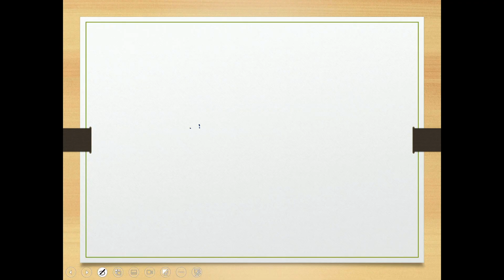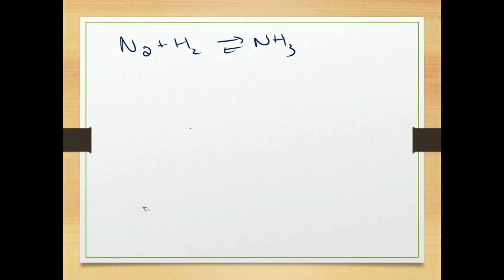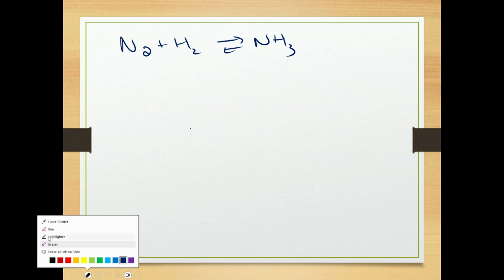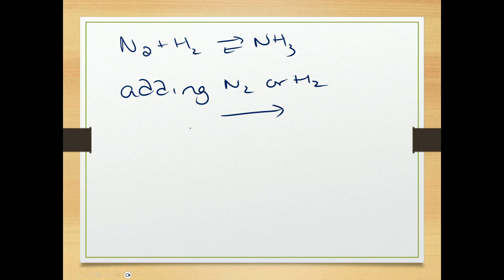Okay, so if I have N2 plus H2 goes to NH3, adding either N2 or H2 causes it to go forward.